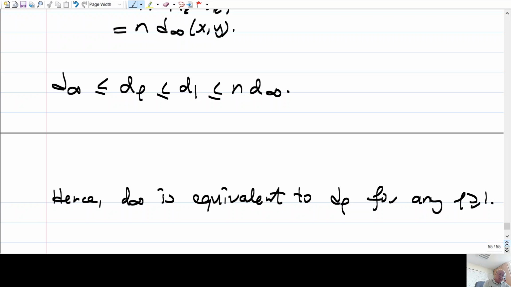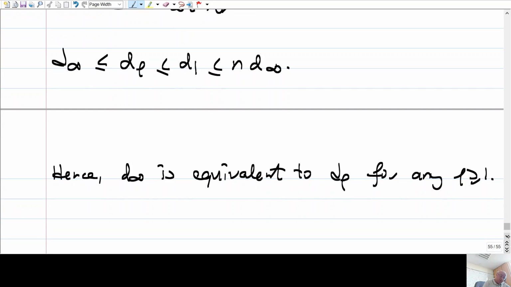In particular, d1 and d5 are equivalent, because d1 is equivalent to d infinity and d5 is equivalent to d infinity.